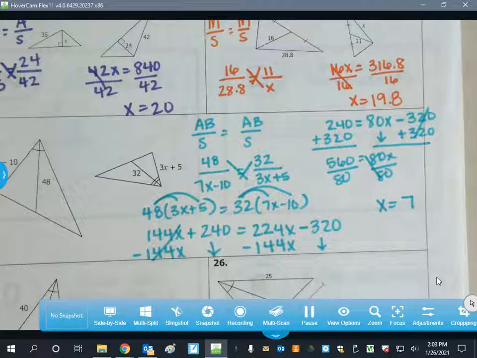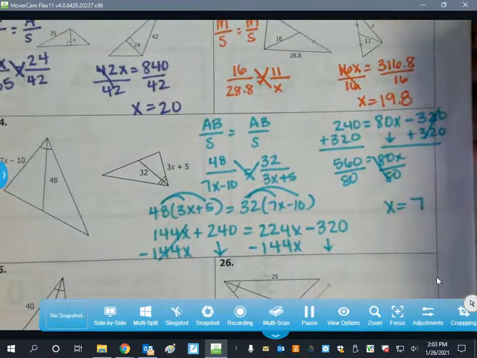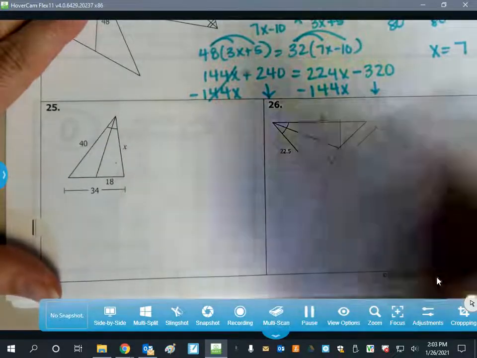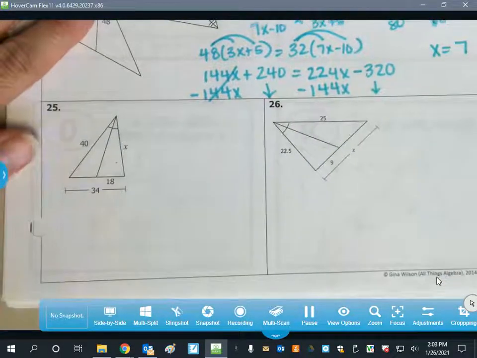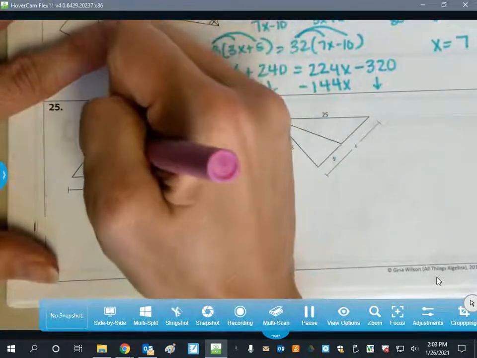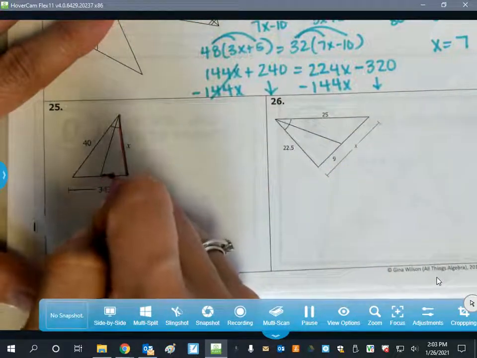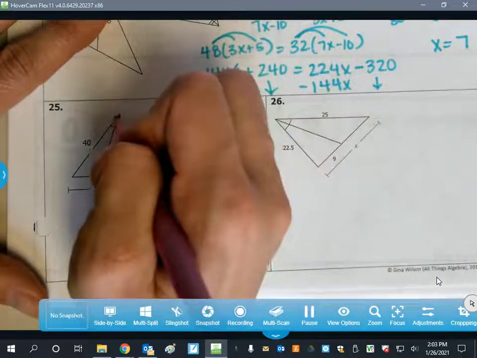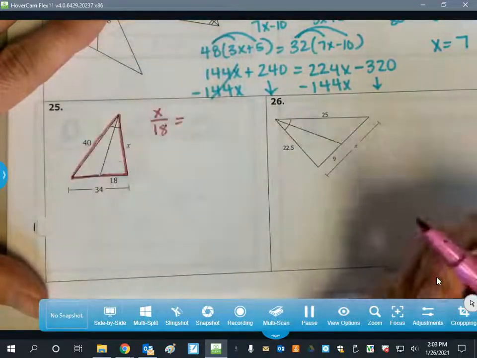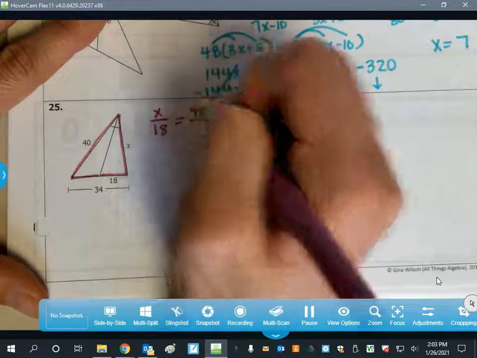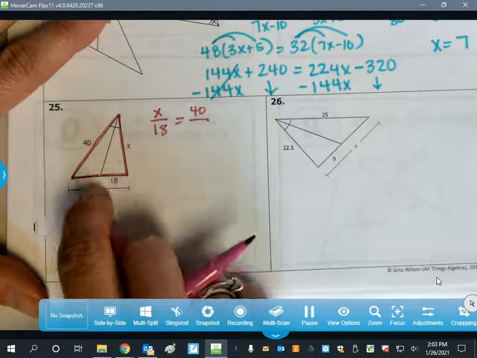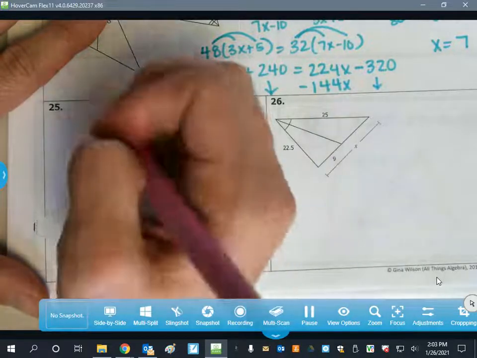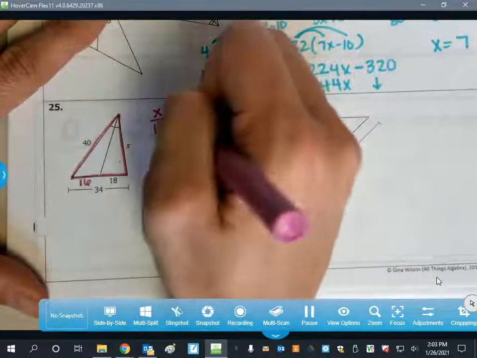All right, the last two questions deal with an angle bisector that creates proportions in only one triangle. Remember, in these types of problems, you set it up with the side over the little piece, so x over 18 equals the side over the little piece, which is 40 over, we have to do 34 minus 18 here, and 34 minus 18 is 16, so this little piece is 16.